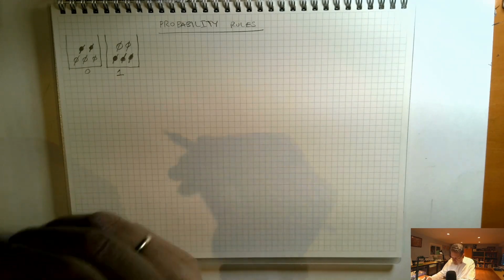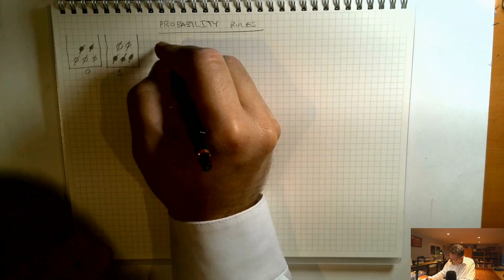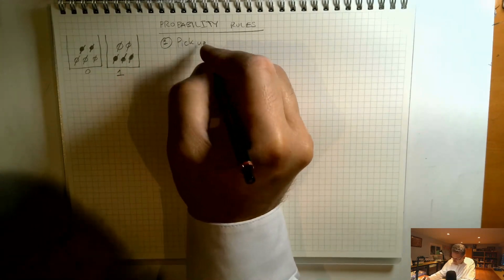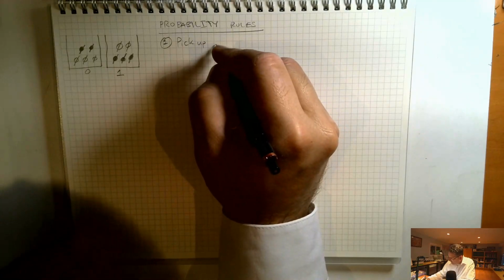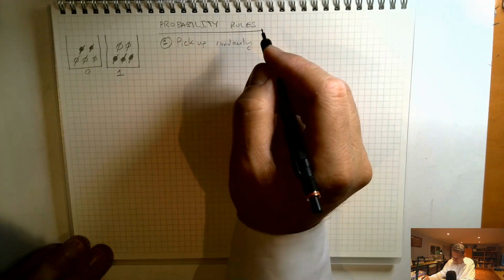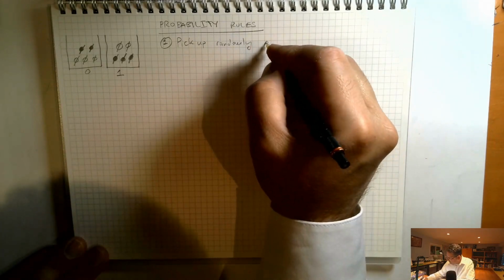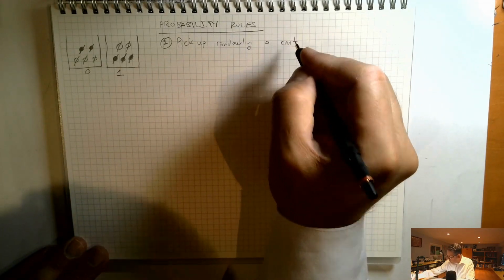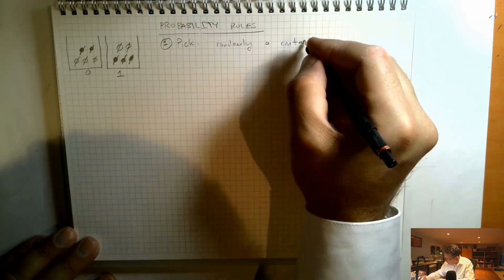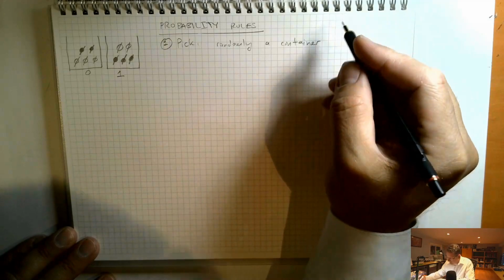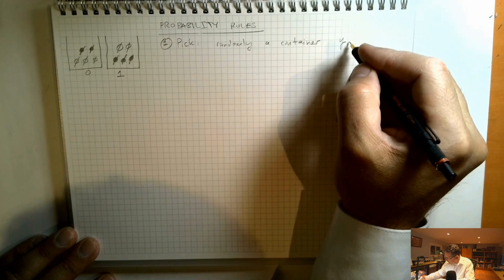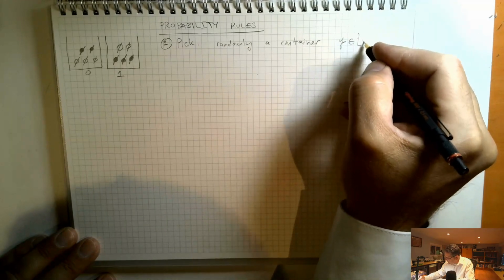So the experiment goes like this. The first step of the experiment is to pick a container randomly. As we said, we will use the random variable name Y, which is evidently a binary random variable.